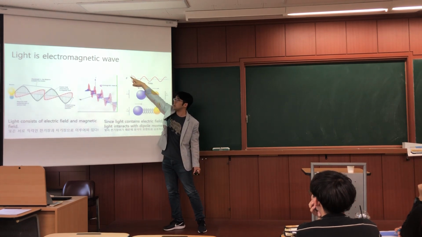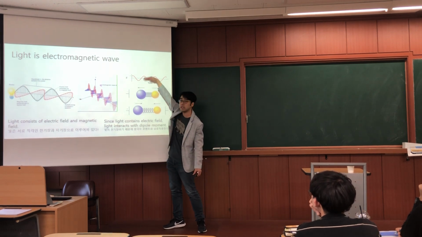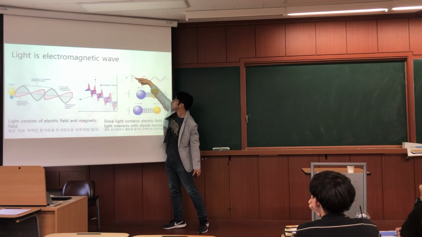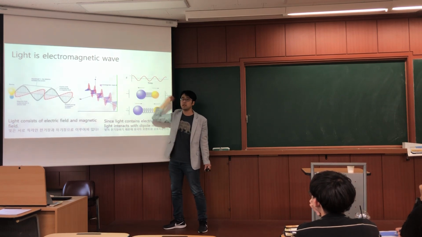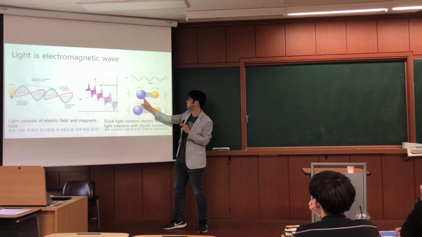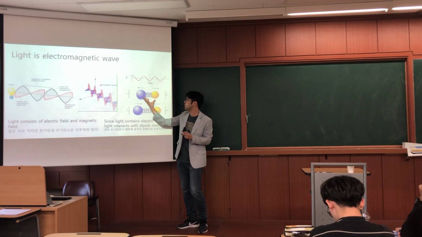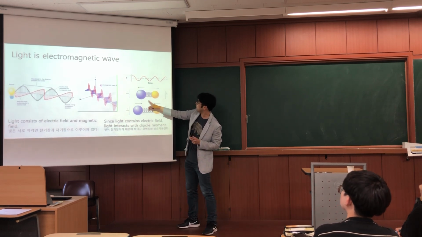The electric wave oscillates like this, and the oscillation of the electric wave means it can have some effects on charged particles, right? So we can think about a molecule like this.